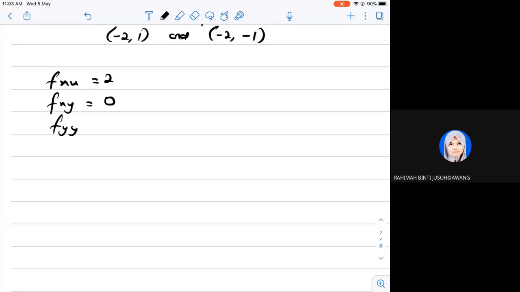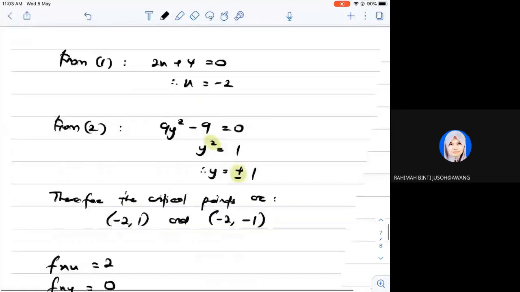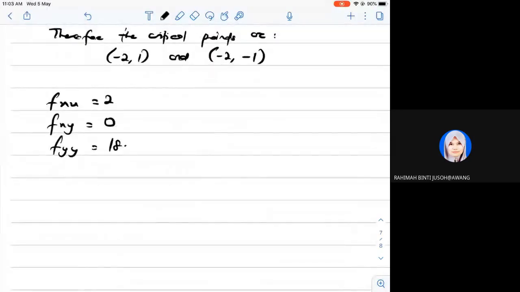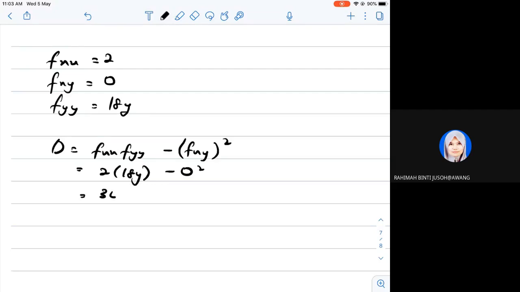Fyy dapat apa guys? 18y. 18y. Yes. Okay, 18y. Okay, good. So next cari d, fxx darab fyy minus fxy kuasa 2. Okay, so we have 2 times 18y minus 0 squared. So we get 36y. Alright.